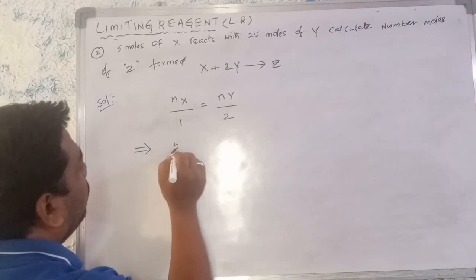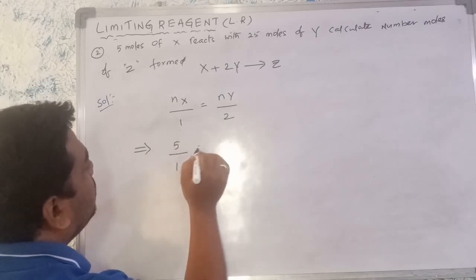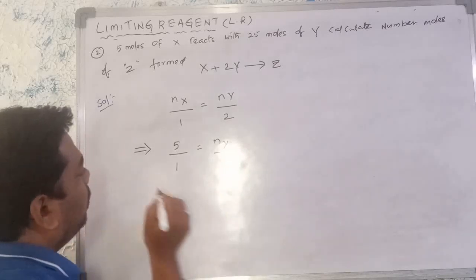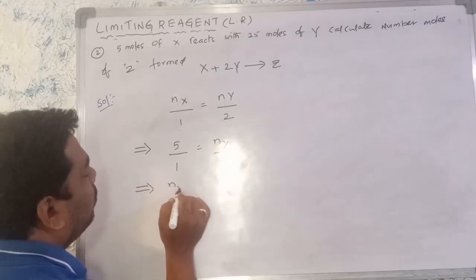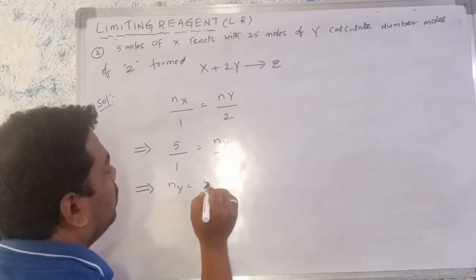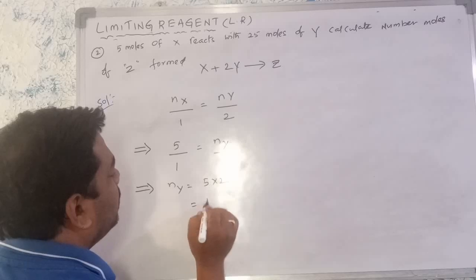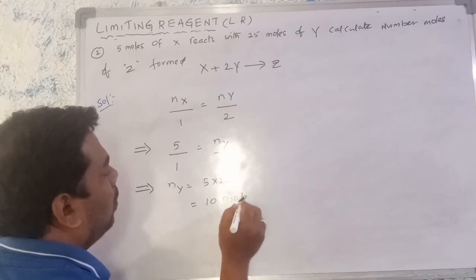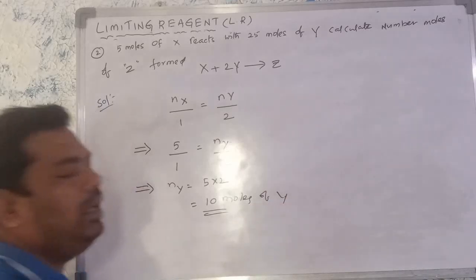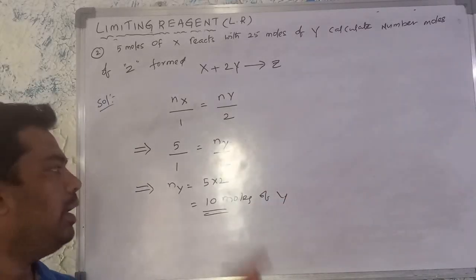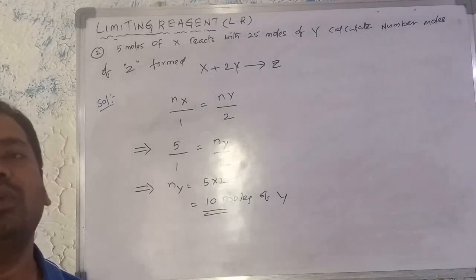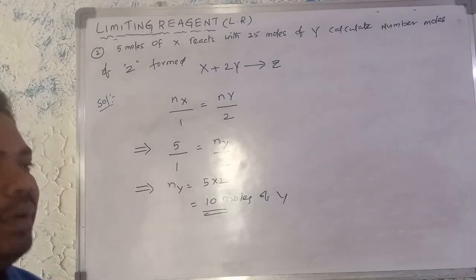Therefore 5 by 1 is equal to n of Y by 2. So the number of moles of Y consumed in the reaction is 5 into 2, that is 10 moles. So 10 moles of Y is consumed in the reaction.